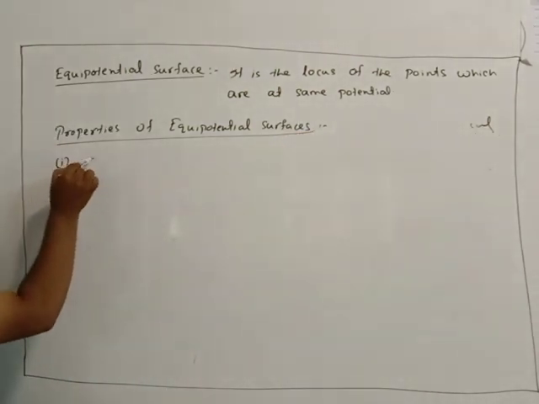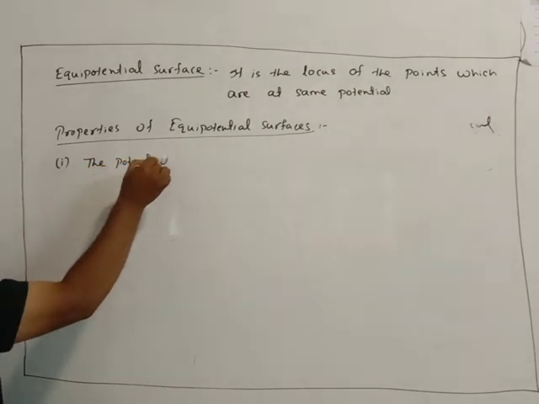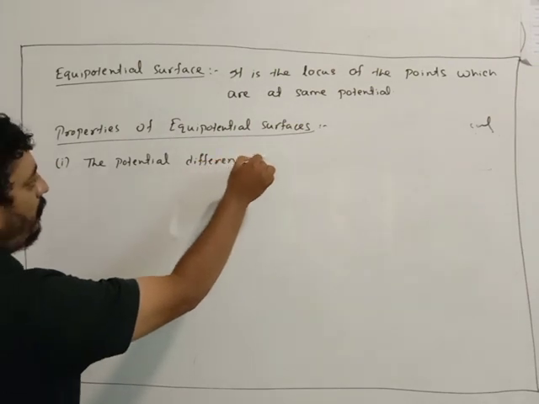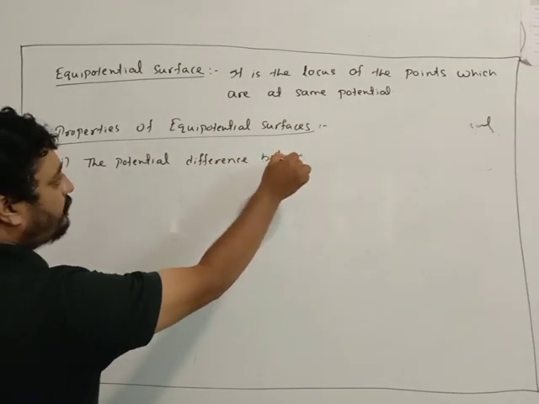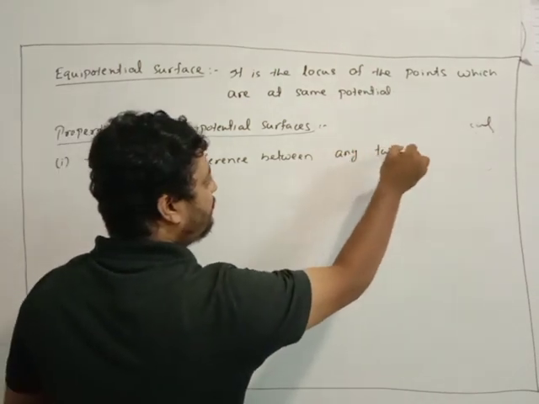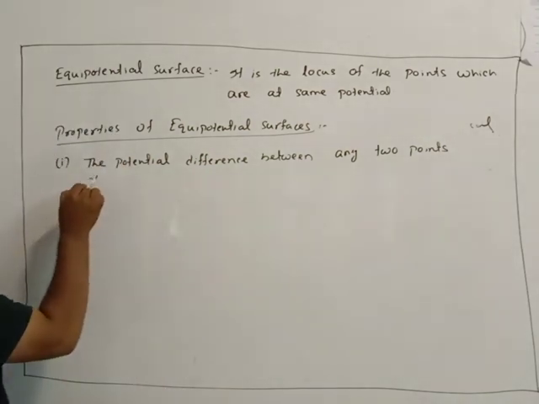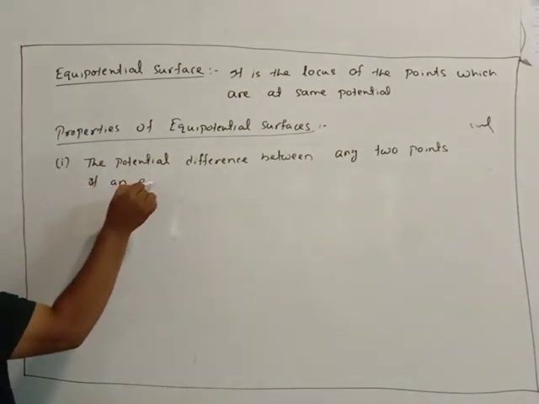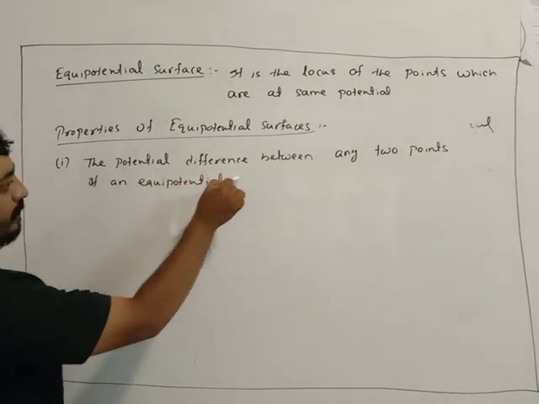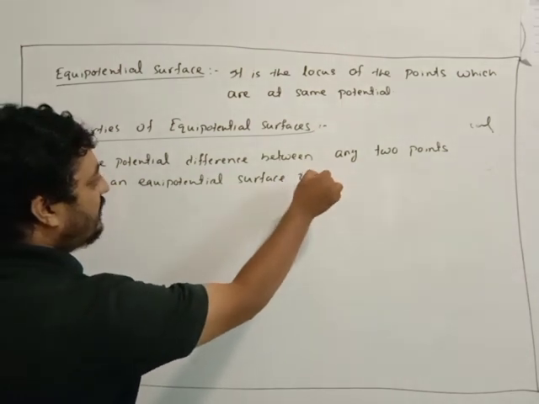First point, the potential difference between any two points of an equipotential surface is 0.